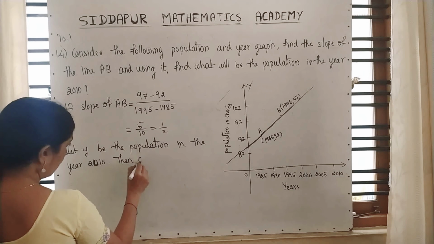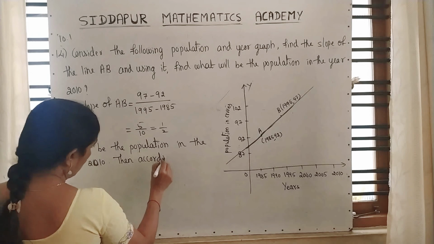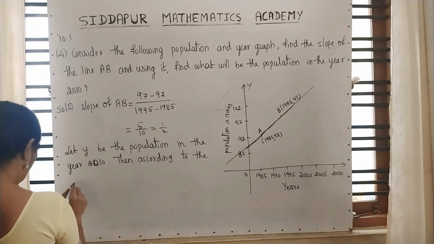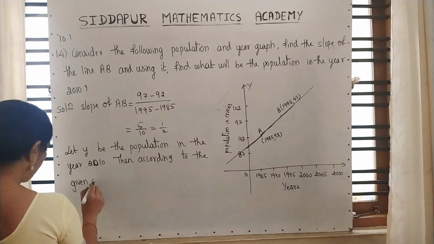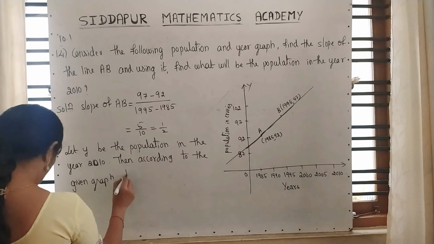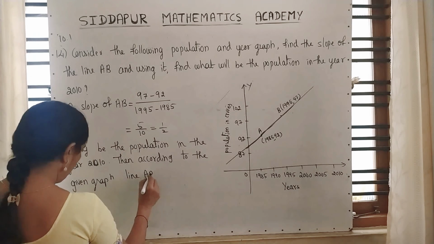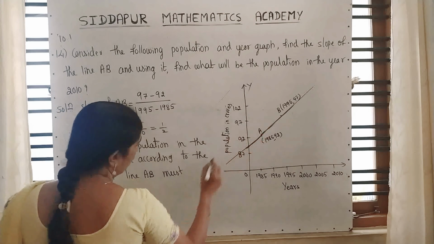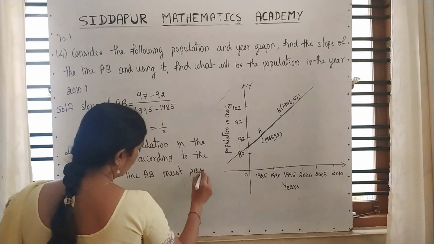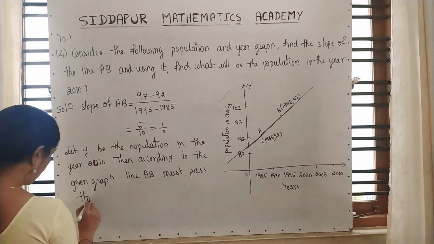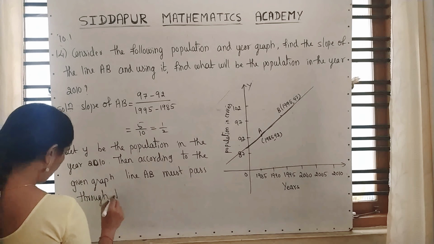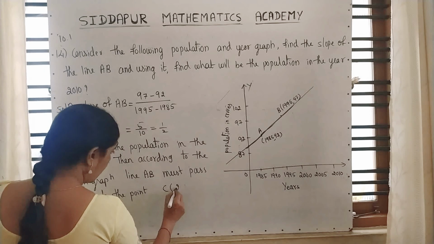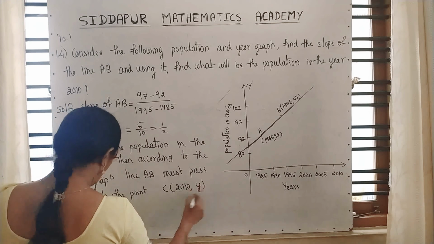Then, according to the given graph, line AB must pass through the point C (2010, y).